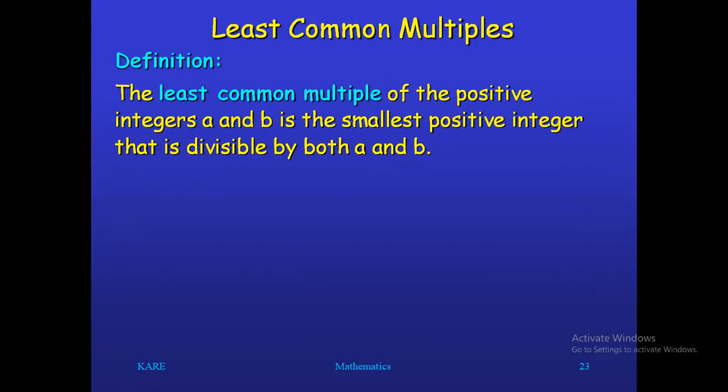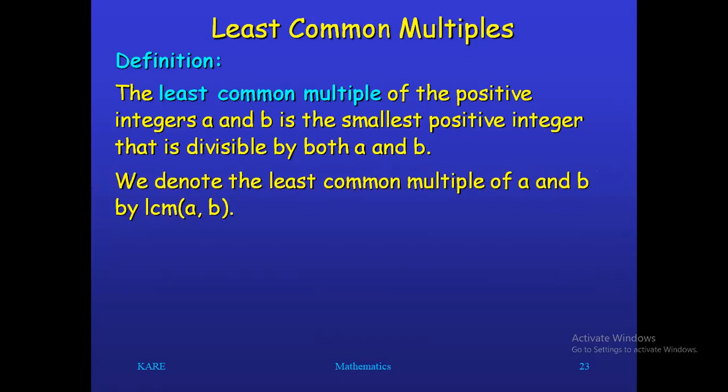The least common multiple is nothing but the smallest positive integer that should be divisible by both a and b.